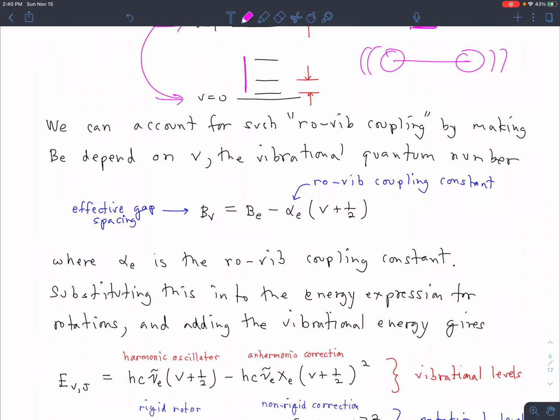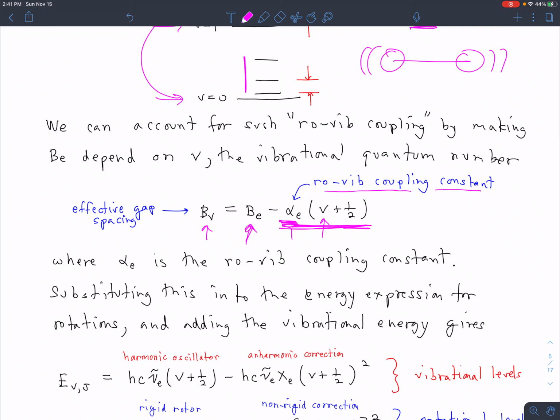What we really do is, instead of talking about the B sub E value as if it were a fixed constant, we talk about an effective B sub E value, which depends on the vibrational quantum number. In other words, this term reflects the fact that the vibrational level will affect the behavior of the rotations as well. And so this alpha sub E quantity is another parameter we're going to want to get at, and it's the rotational vibrational coupling constant.